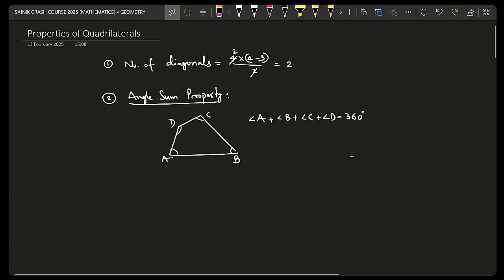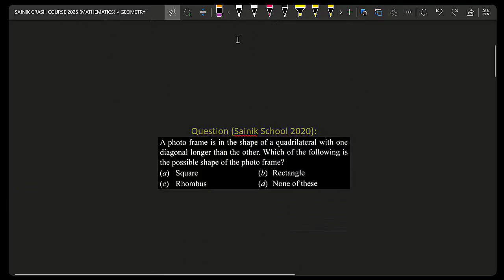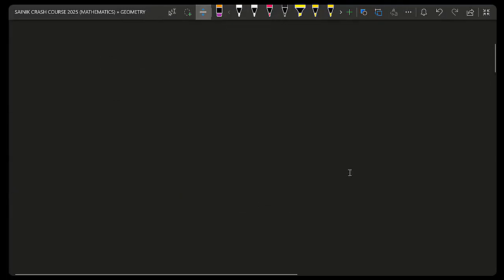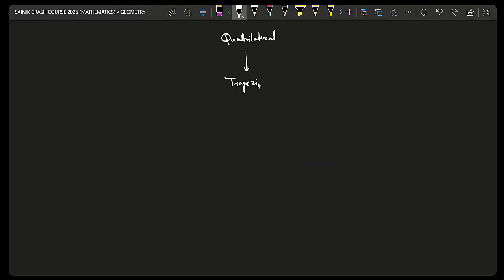But first, let us classify the quadrilaterals based on different conditions. So, quadrilaterals. First, we have a quadrilateral. Now, from this, we have trapezium. What is trapezium? A quadrilateral in which one pair of opposite sides is parallel.